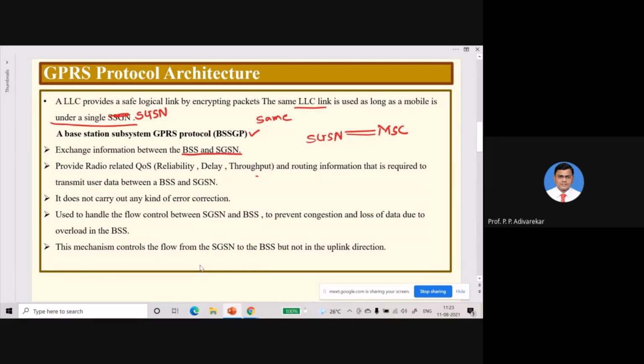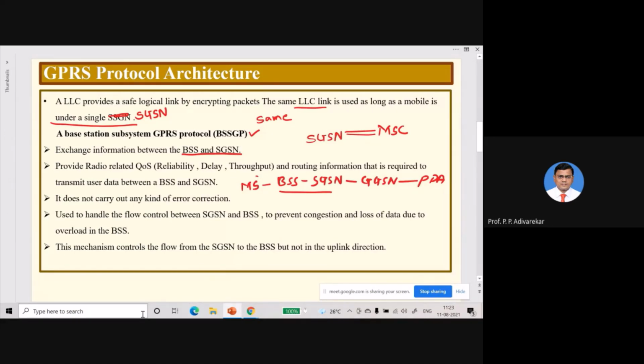So our hierarchy will be like this: the MS, then BSS, then SGSN, then GGSN, and then the external packet data network. For communication between SGSN and BSS, BSSGP is used.